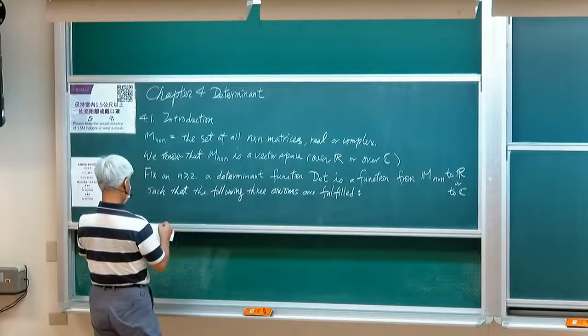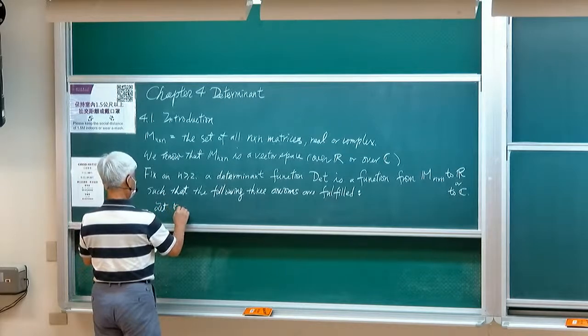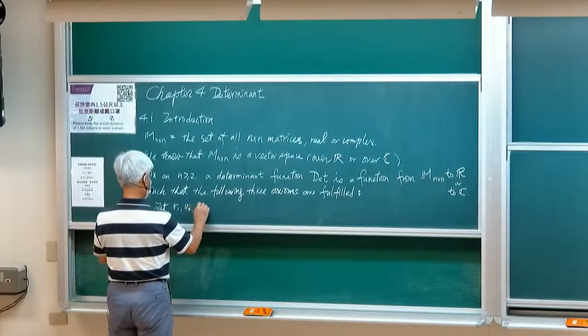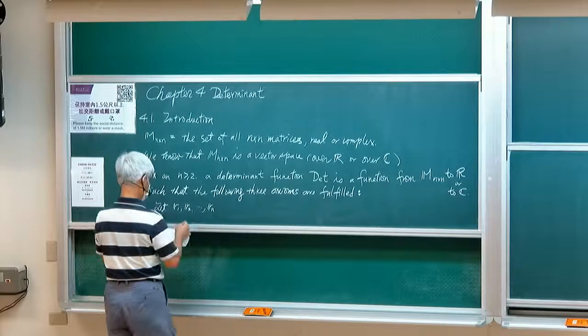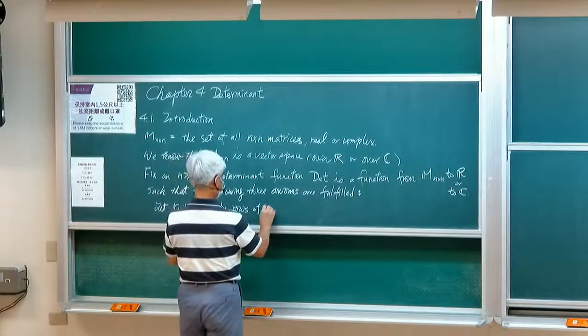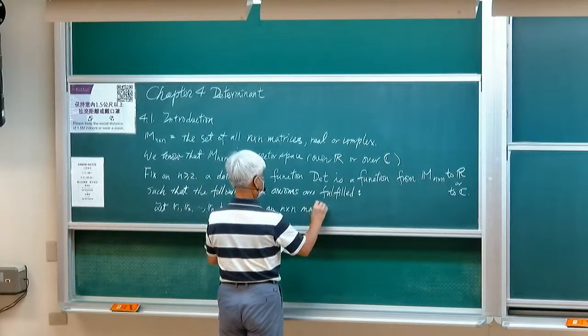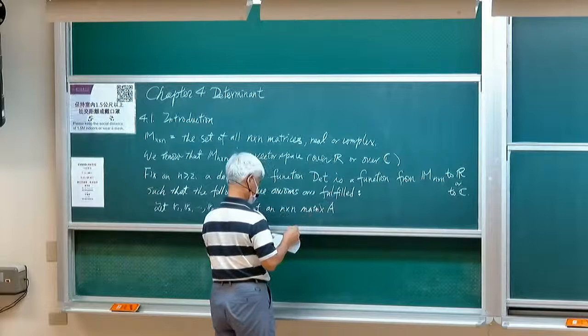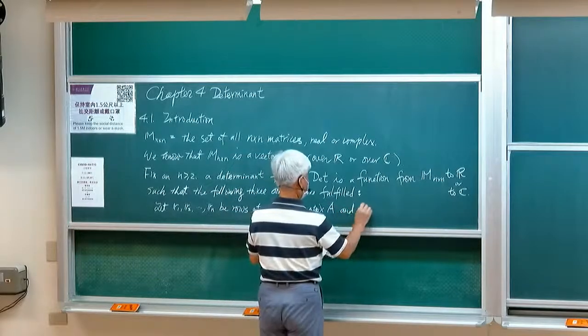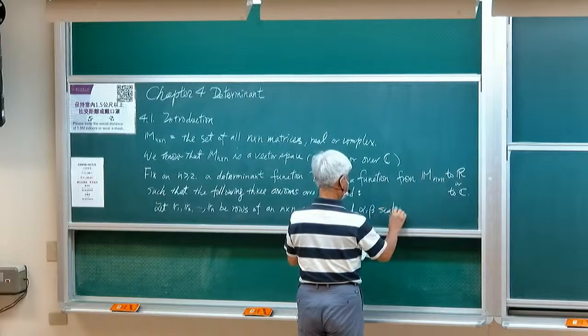Let R1, R2, up to Rn be the rows of an n times n matrix A, and alpha, beta scalars.